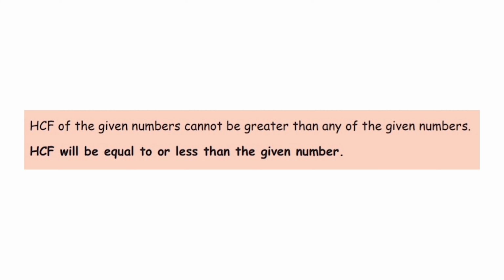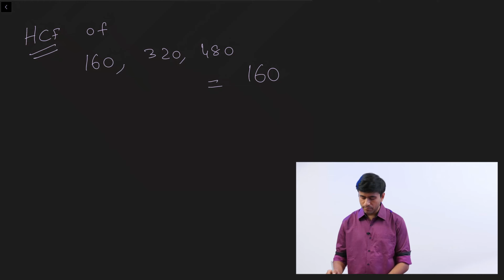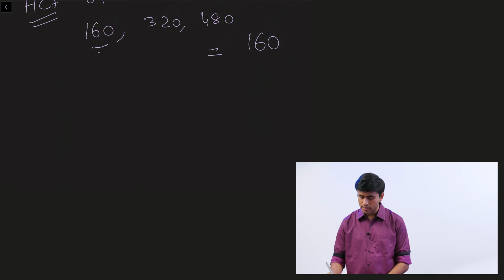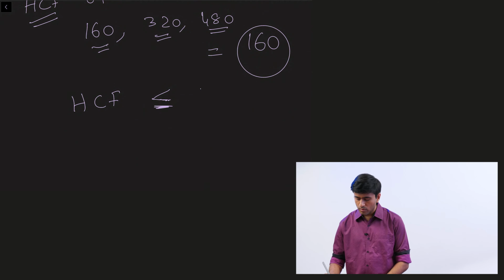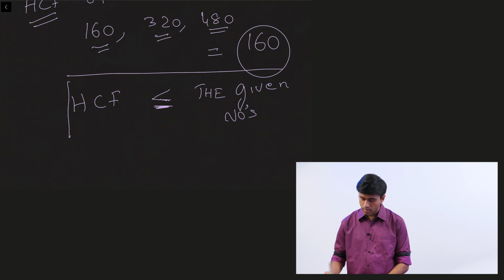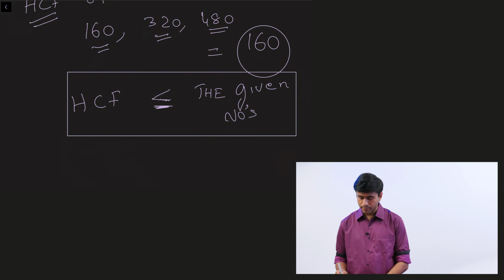In other words, the HCF will be equal to or less than the given numbers. For example, let's look at 160, 320, 480. The HCF is 160. That means the HCF will always be less than or equal to the given numbers. That's your first property.